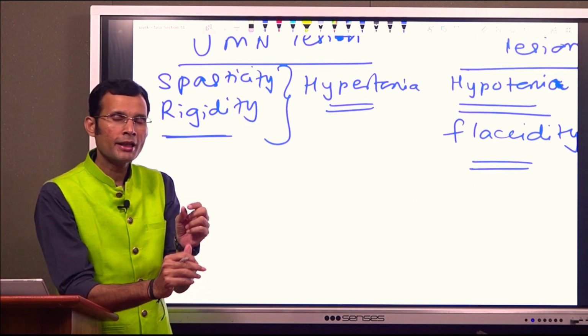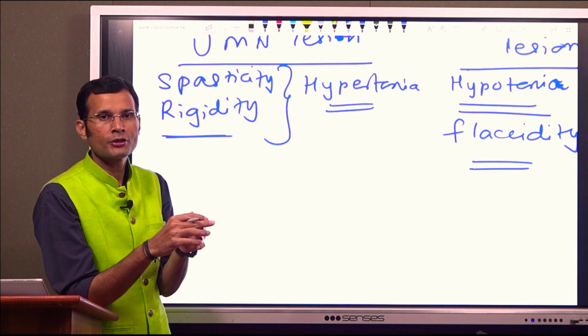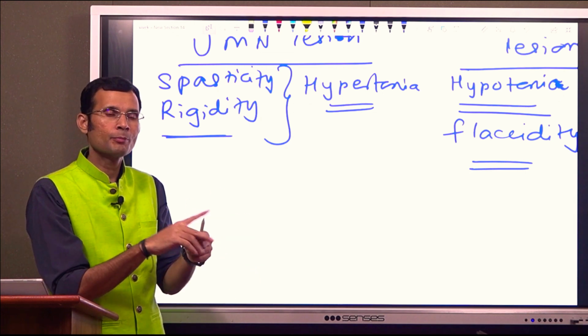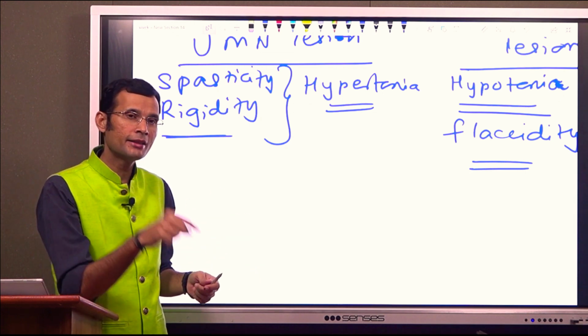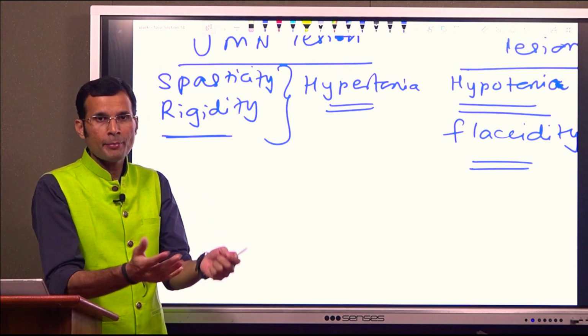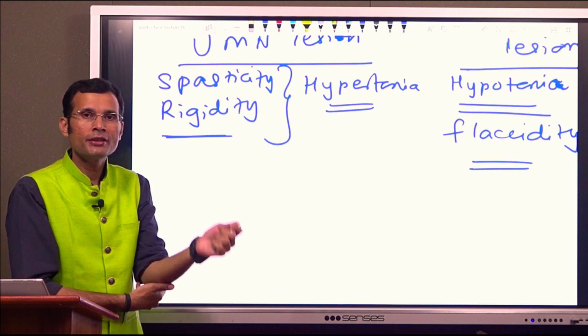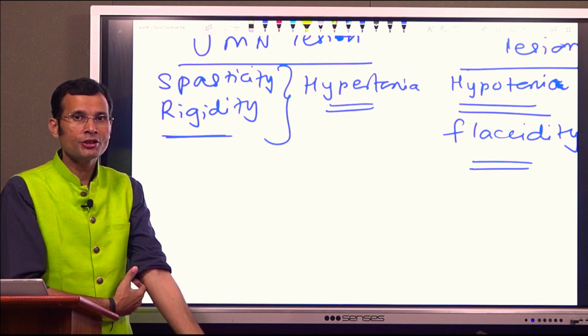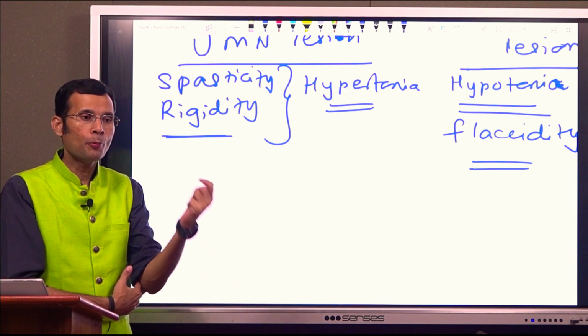But the point that I wanted to make was the definitions of tone. The physiological definition is the partial amount of tension that is still there in the muscle when the muscle is completely relaxed. And as I mentioned, there is a partial amount of tension in the triceps, and it is opposing the flexion.